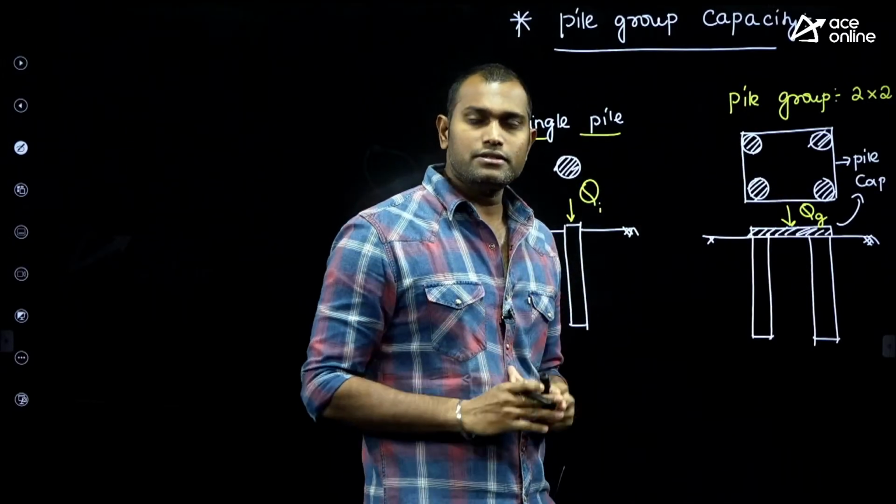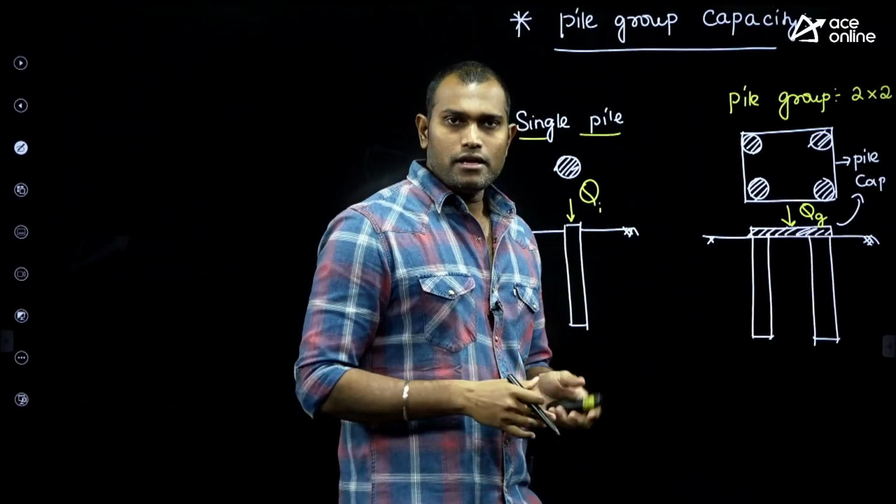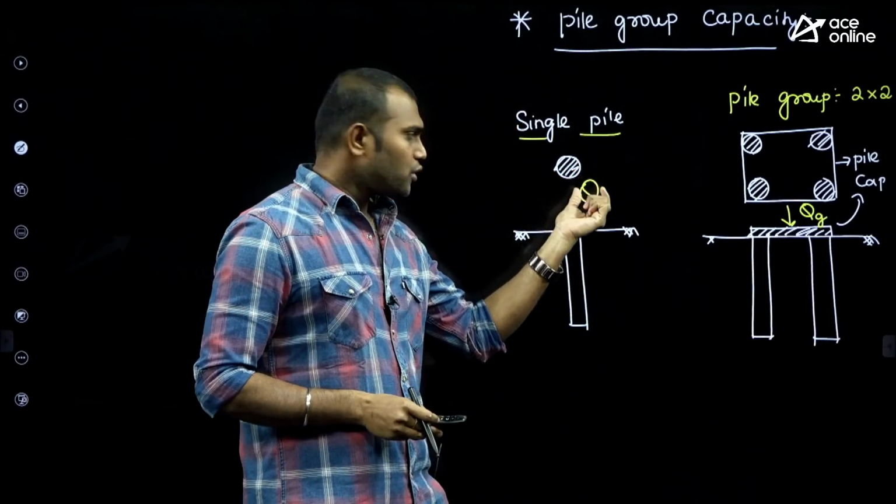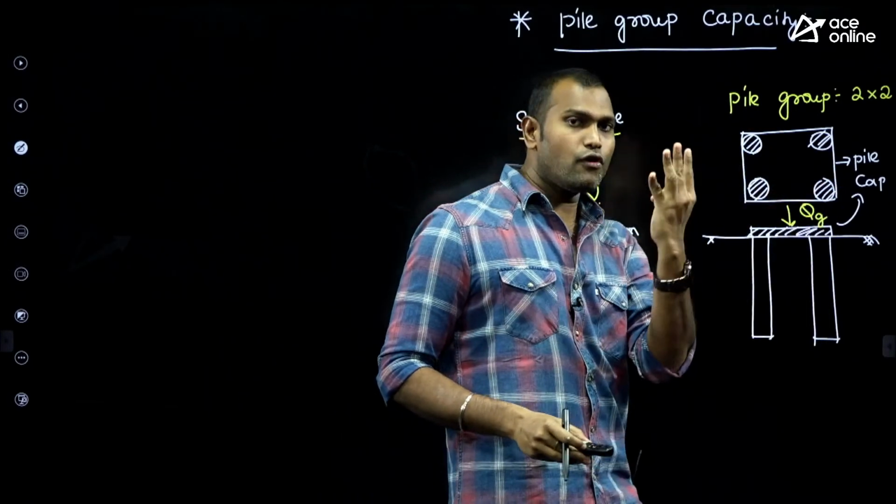Now my question is, do you think really here there is one pile Qi? Here how many piles are there? 4 piles.